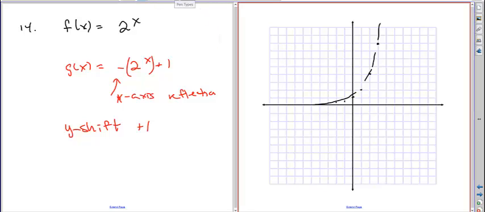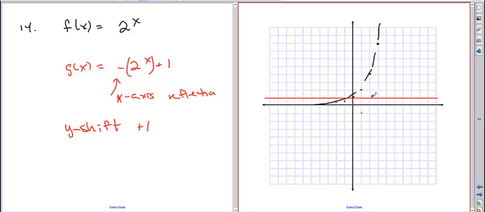Now, as far as shifting the y-axis, we're just going to shift it 1 unit like that. But what we'll do is reflect these points across the x-axis. So instead of going up 1 relative to this y-axis at x equals 0, we'll go down 1. Instead of going up 2, we'll go down 2.